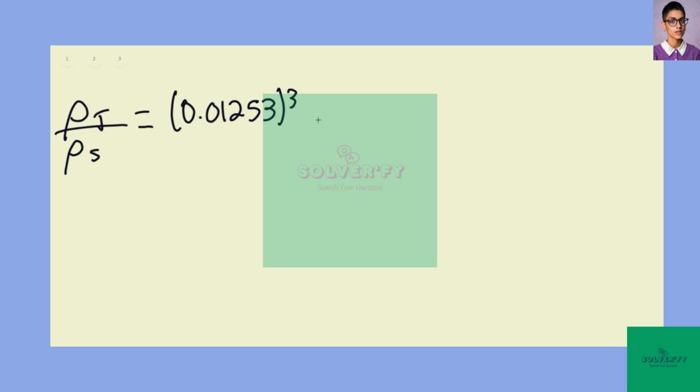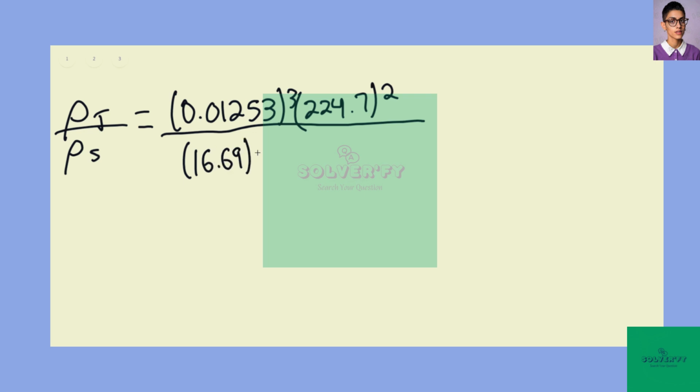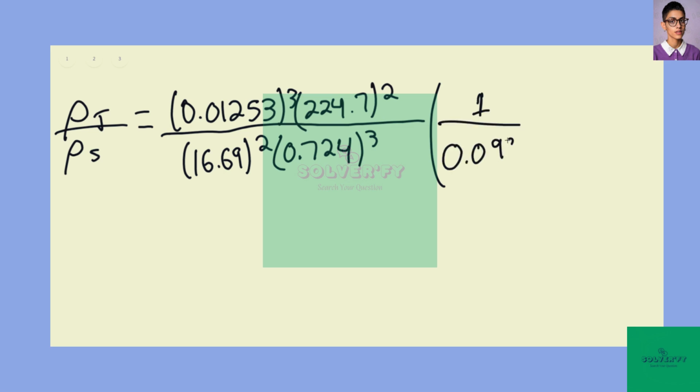0.01253 cubed times 224.7 squared divided by 16.69 squared times 0.724 cubed times 1 divided by 0.0997, and this is quantity cubed.